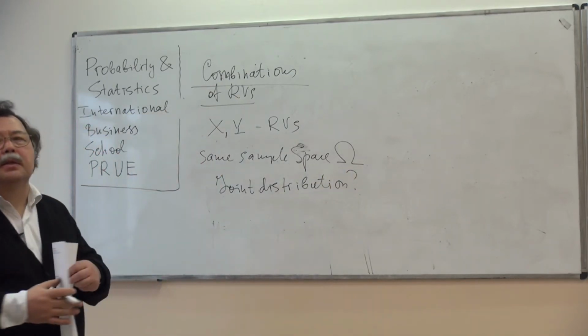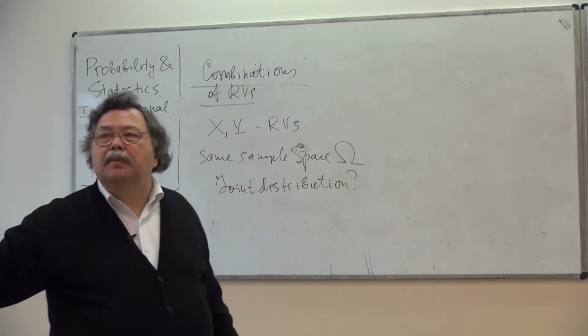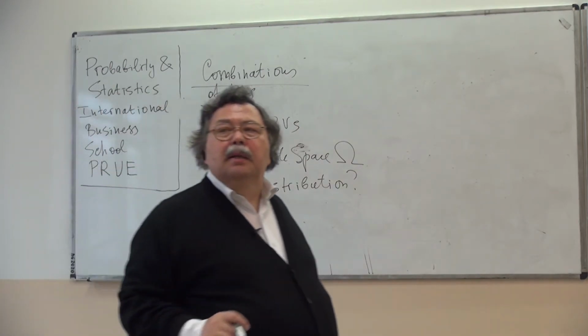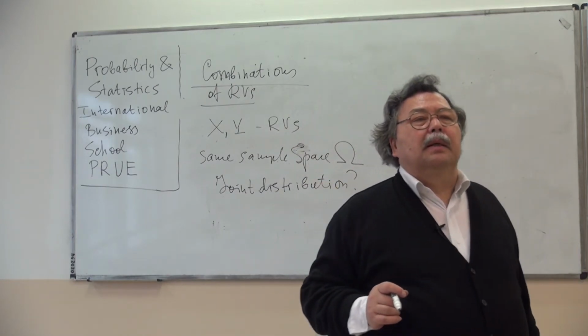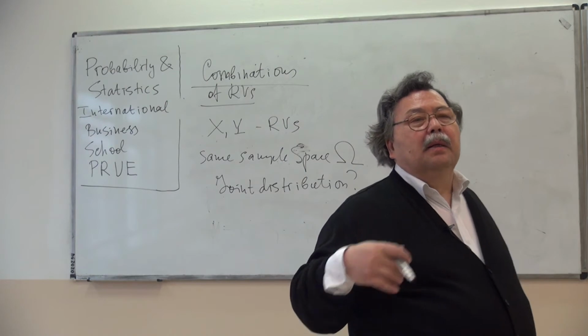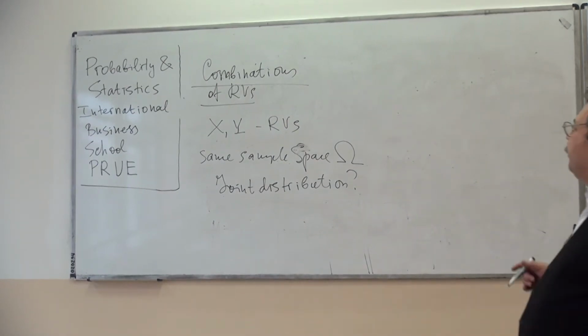What is the joint distribution? I limit this discussion to the case of discrete random variables. The case of continuous random variables is pretty similar, but then we'll have integrals instead of sums, and that's it.